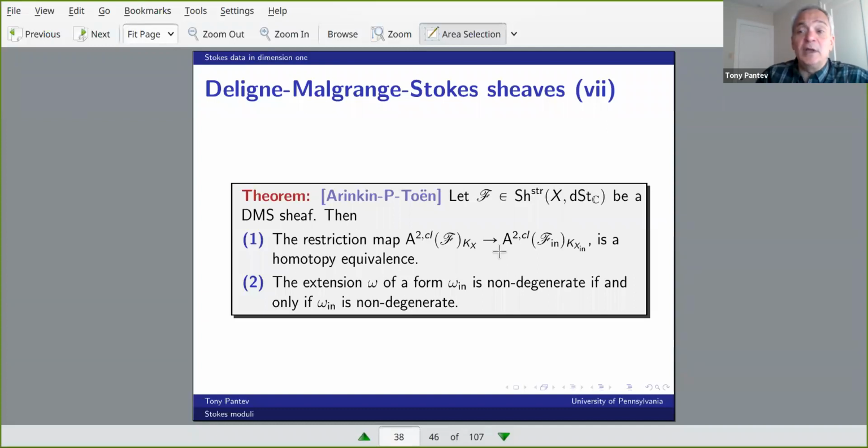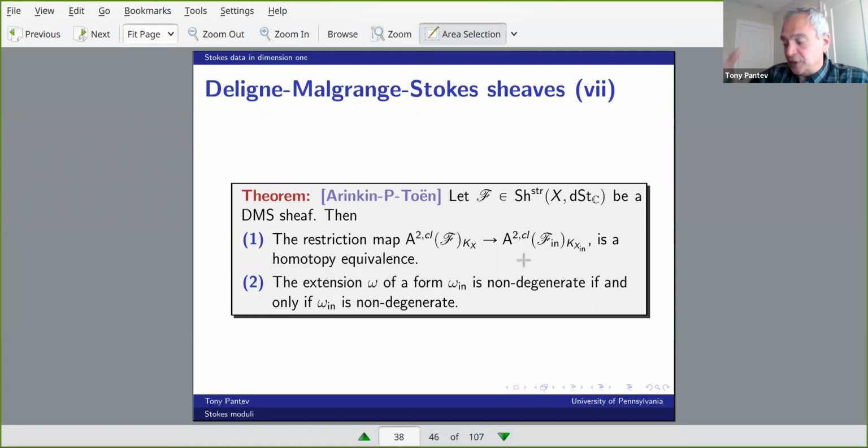Yeah, so I maybe should make this comment here, that it's a pattern that also happens in higher dimension. What we're saying is that we have this constructible sheaf of derived stacks on some space, and we're trying to construct a symplectic form.